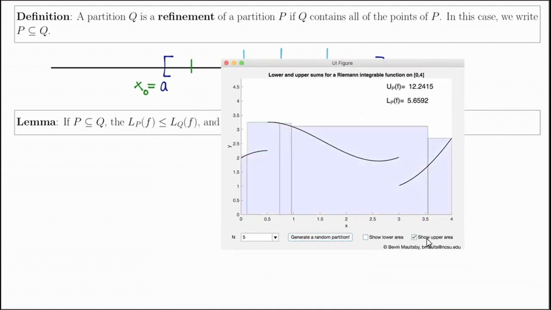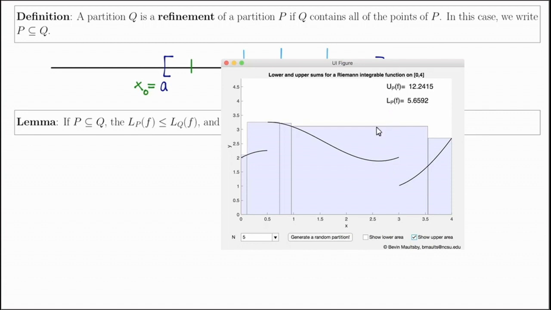Similarly, if I have the same partition now, but I'm looking at the upper area, and again I refined this middle subinterval, then this very tall height is going to go down. Like say now I'm looking at 2 to 3.6 or whatever, kind of the right half of this subinterval. Over that subinterval that I would be creating with my refinement, the height would come down because the supremum would likely be lowered.